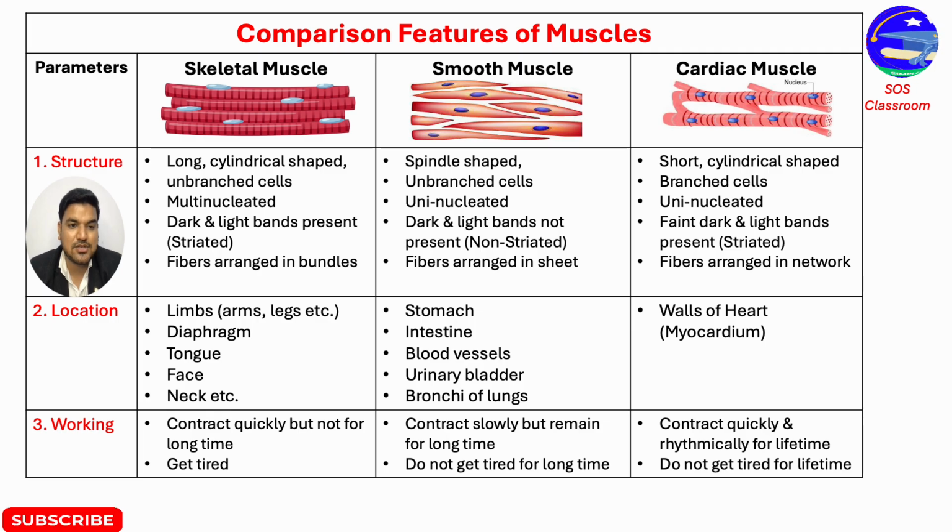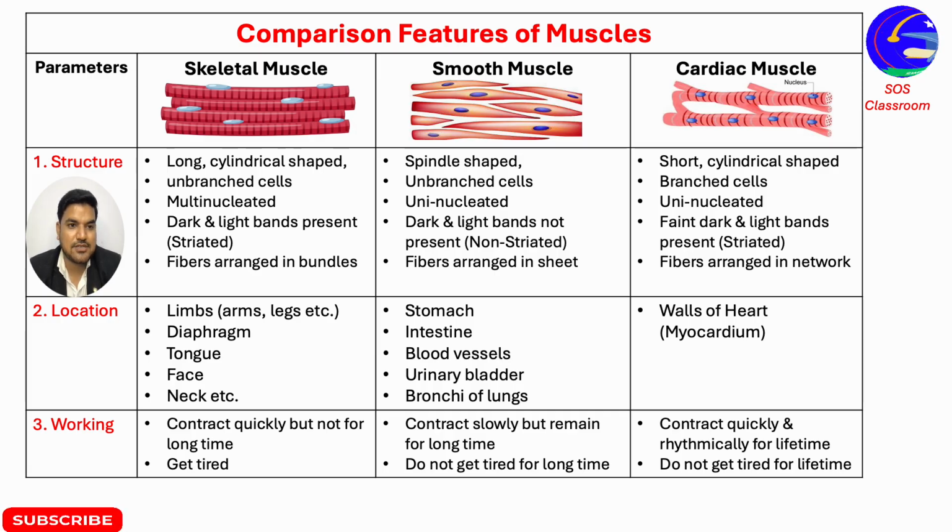Next, smooth muscles are present in the stomach, intestine, blood vessels, urinary bladder, and bronchi of the lungs. Smooth muscle cells and cardiac muscles are both involuntary, means we cannot control these muscles. The cardiac muscle is present on the wall of the heart, that is the myocardium layer.